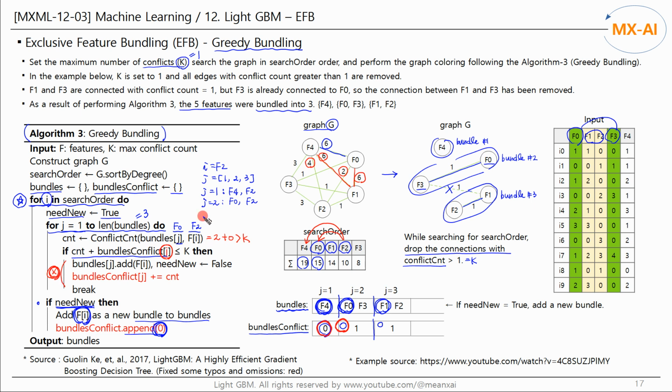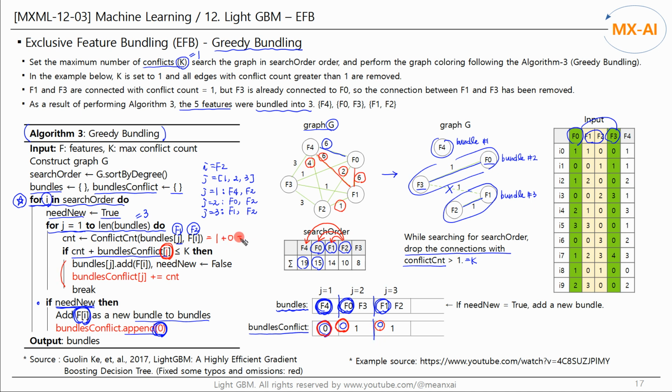J is 3. Get the conflict counts between F1 and F2. The conflict count of F2 and F1 is 1. To this value, we add 0, the jth element of the bundle's conflict list. This is equal to k.